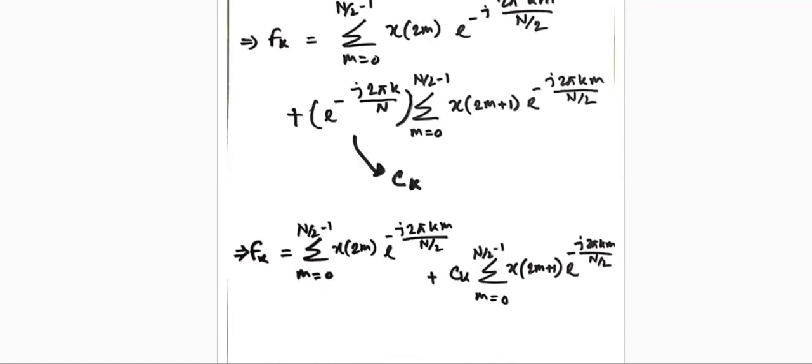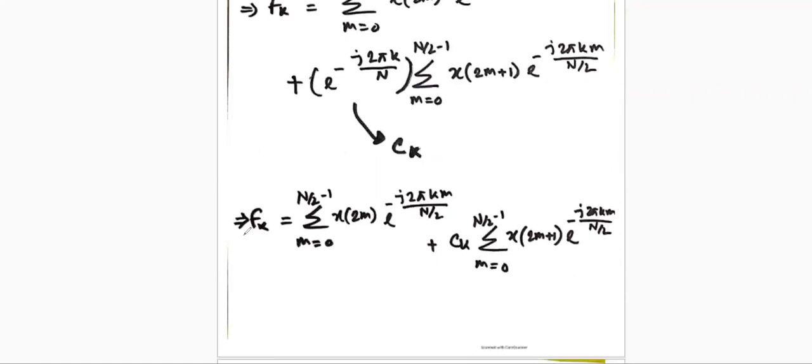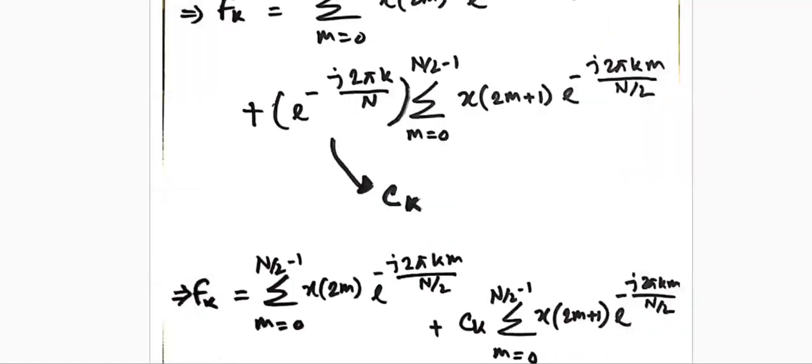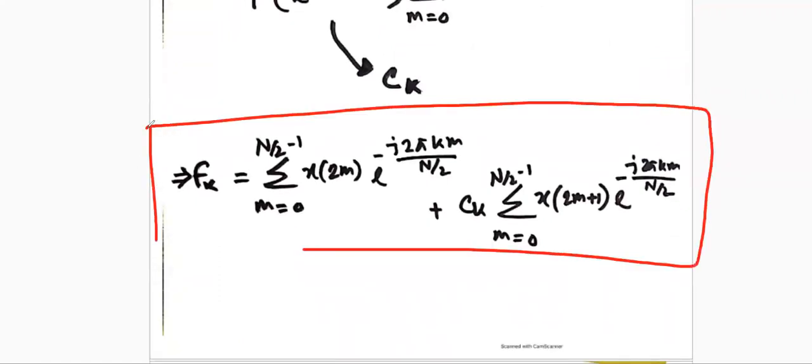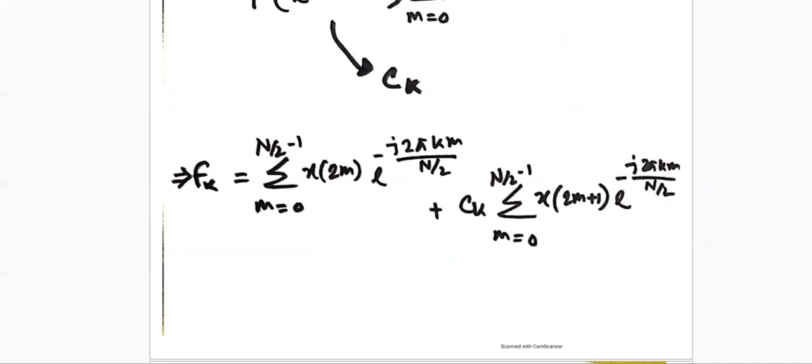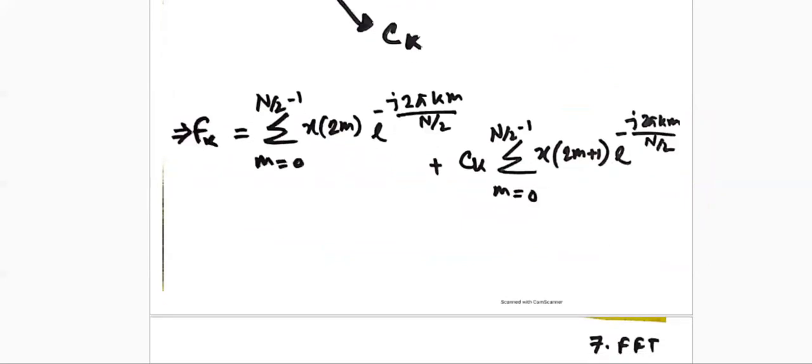Now this is the final equation we have found. Let me zoom it. You will find the final equation looks like this, where we sectorize our total n in two sections, one even and another odd, with n by 2 numbers for each segment. Try to remember this equation.